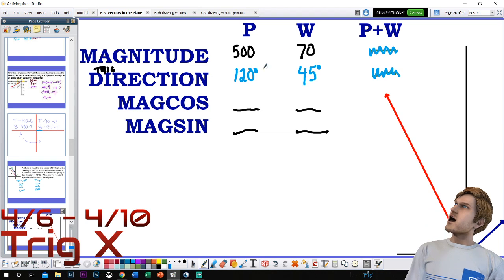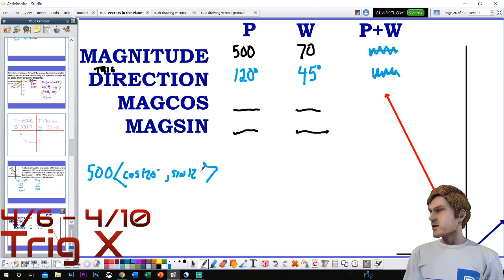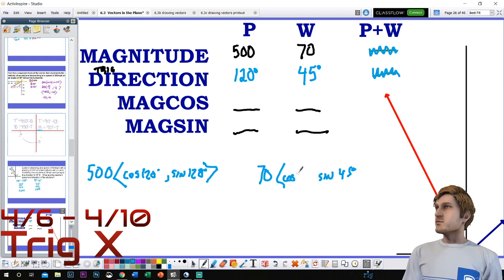But what I'm going to do is take that 500, the magnitude, times the cosine and the sine of 120 degrees for the plane, and also the 70 for the wind's magnitude times the cosine and the sine of the wind's angle. And I'm going to add them together to get my final answer.